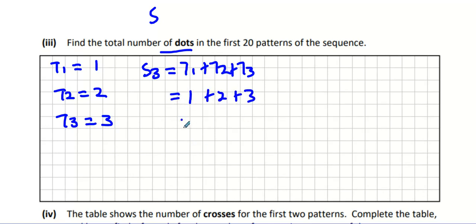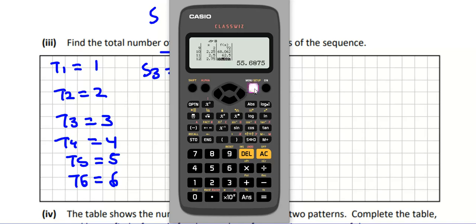Now, there's a formula that does this for us. You could add all the way down to 20. You'd be well in your right to do it like this. You could literally do it on the calculator. You could just go 1 plus 2 plus 3 plus 4 plus 5 plus 6, and you can literally go all the way down to 20, and that will work.